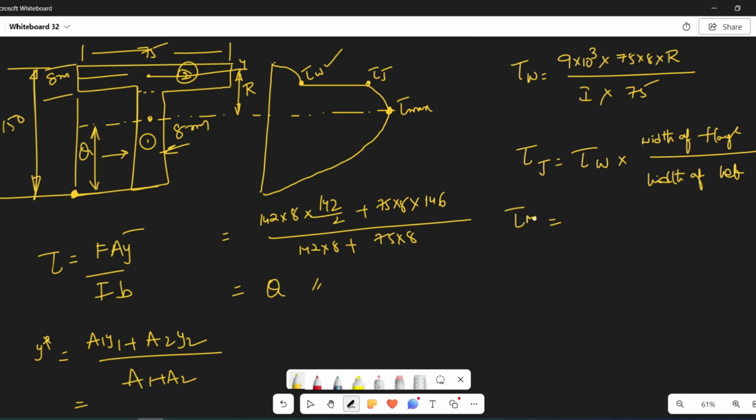And tau max will be given by... See here, you have to identify both of these y bars individually. So let us calculate that.